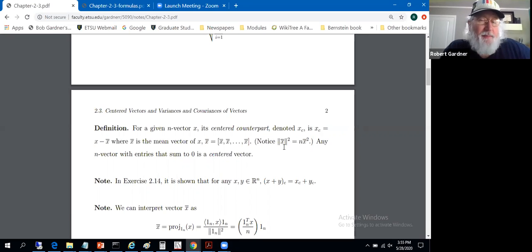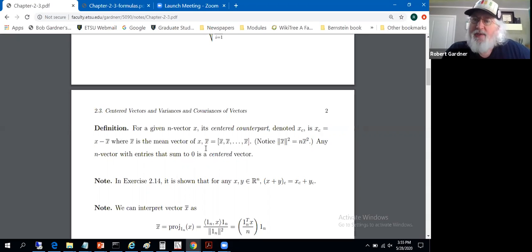Time for me to complain about notation. On the left-hand side, that x bar indicates the vector as given over here. How can you tell? Because we're taking a norm of that x bar, and here we've got a norm squared, so this would have to be a scalar. Here we've got n times x bar squared, so this x bar is the x bar computed above, the sample mean, whereas this x bar represents a vector.